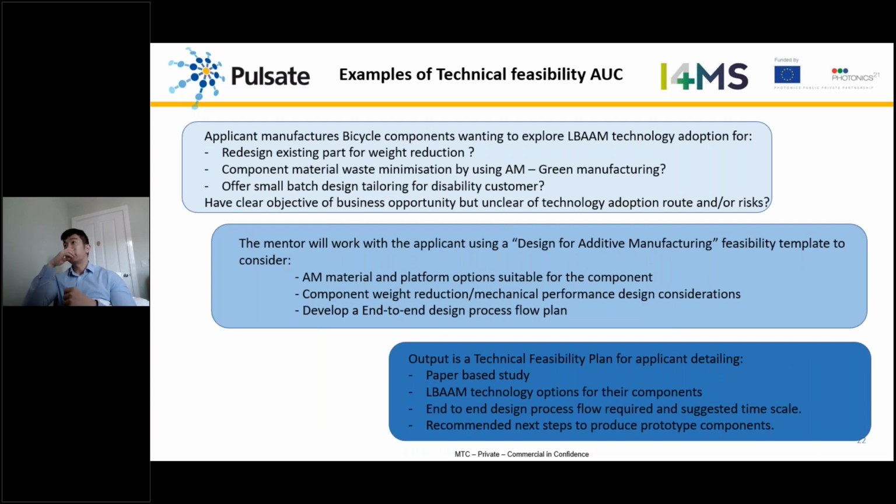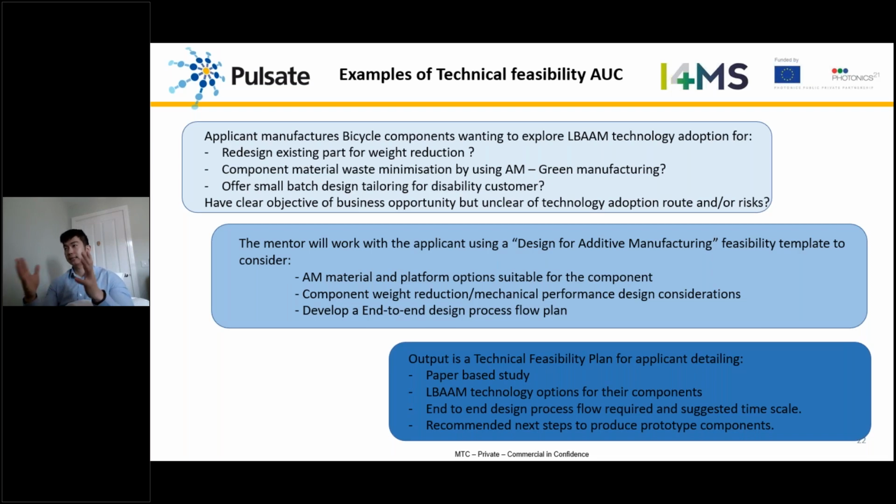So just to give you two examples of the sort of things you would potentially be looking at, in terms of the technical support and also the business support. This example is for the technical support side.